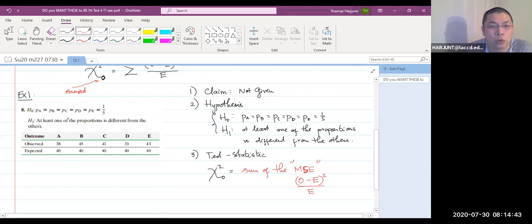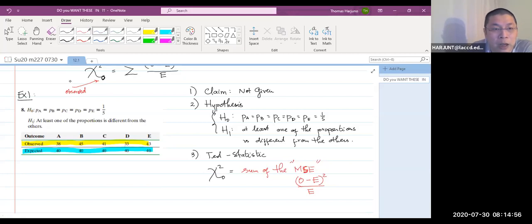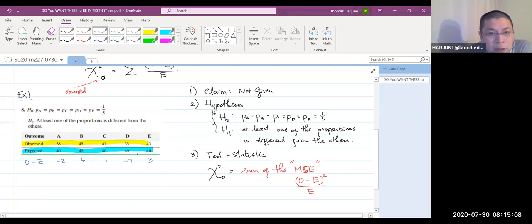Okay, now here's what I will do. This is the observed, this is the expected. Now I will compute the O minus E underneath here. That will be -2, 5, 1, -7, 3, and then I will square it.